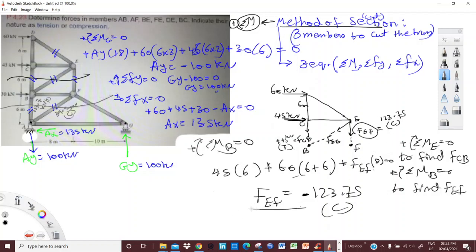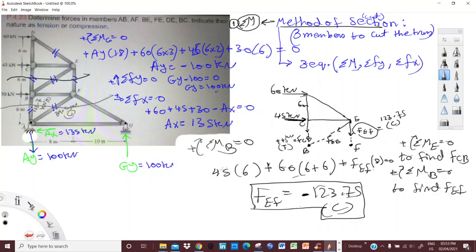But usually, if you solve and find FEF negative in the method of sections or method of joints, you will put the negative sign into the process. Let's assume you need to find something else, like the summation of moment at E. You assume this is negative as compression, so I should put it as negative.